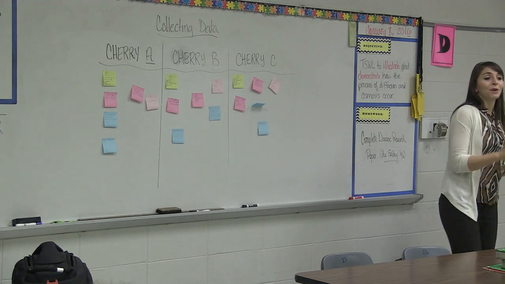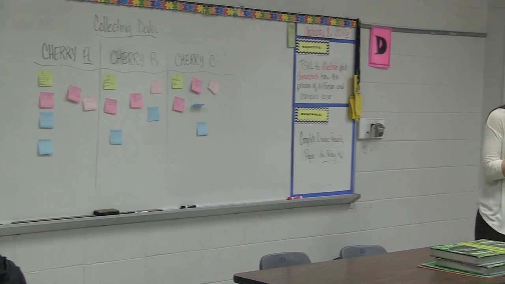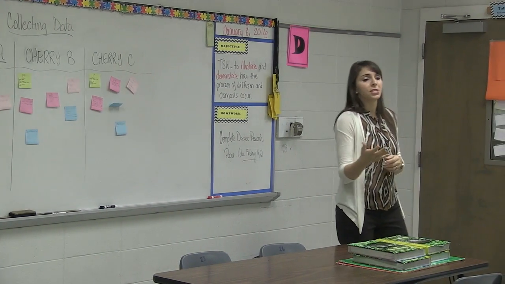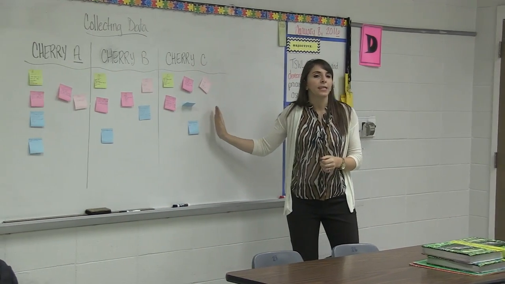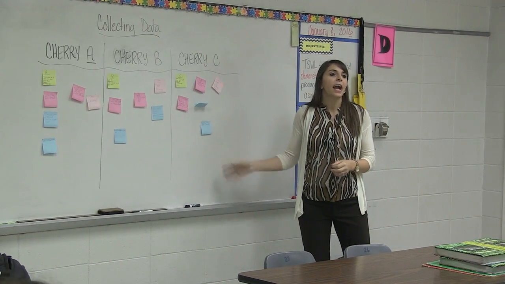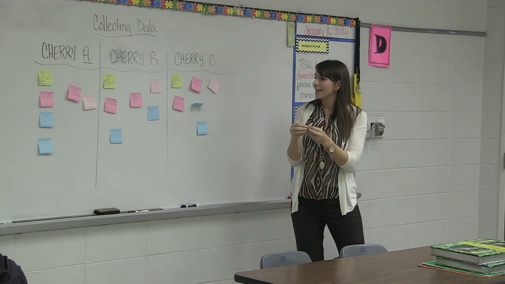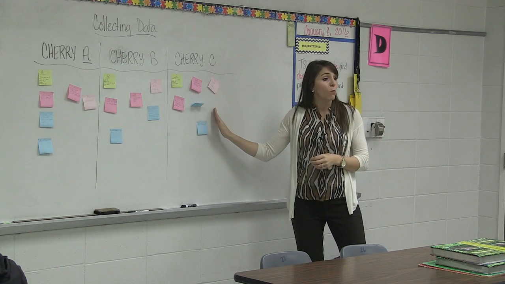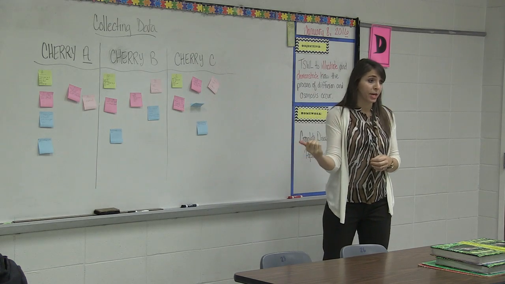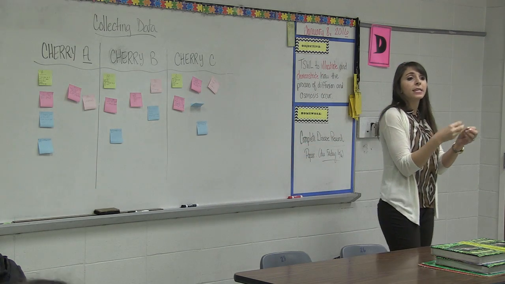All right, so moving on to cherry C. A lot of you used the word rotten, and I saw the word wrinkled many times too. Those were good observations. It looked as if this cherry was dehydrated. It obviously shrunk in size, and molecules of water had moved out of this cherry. It was no longer juicy and full of water.